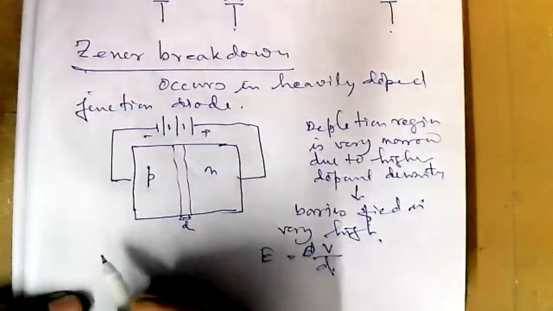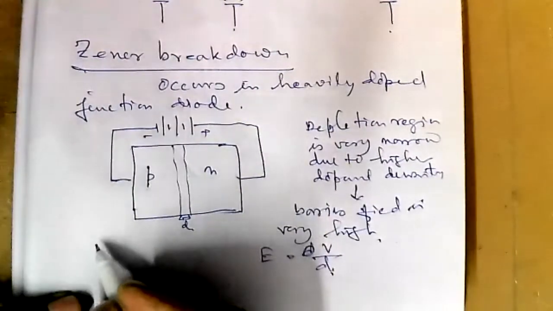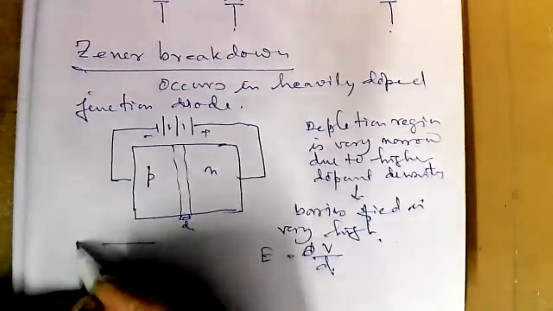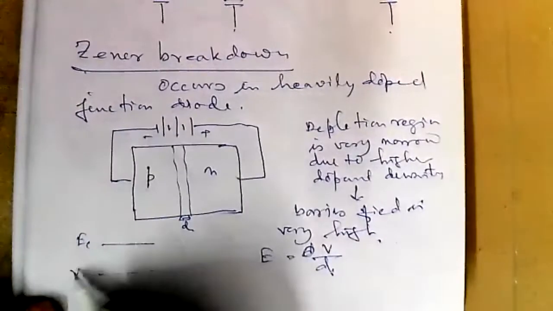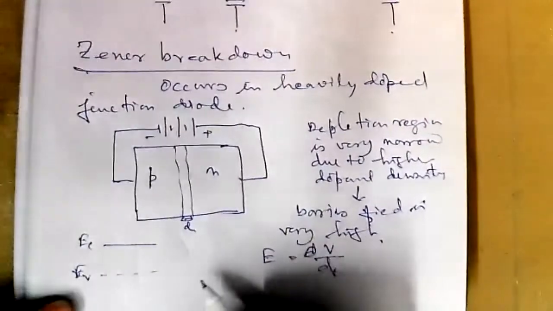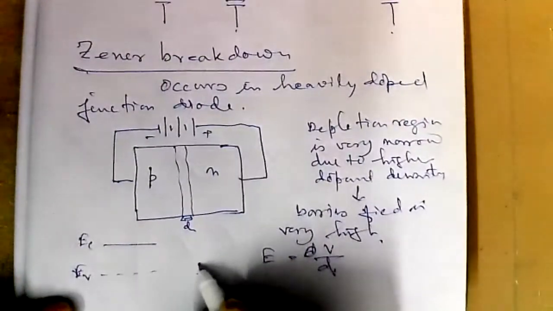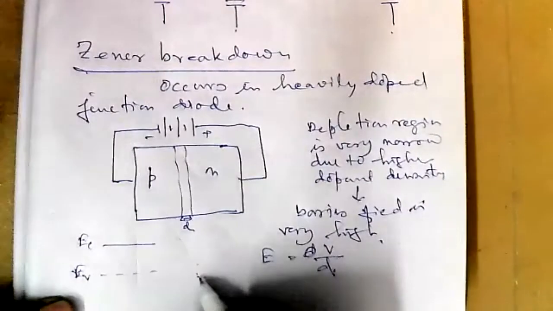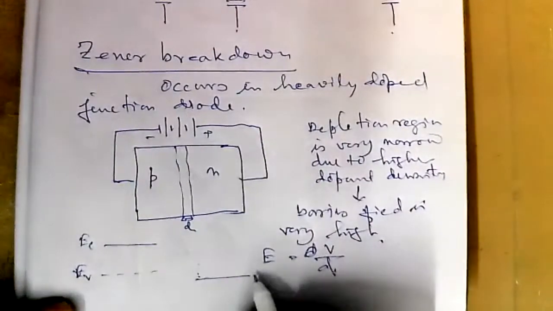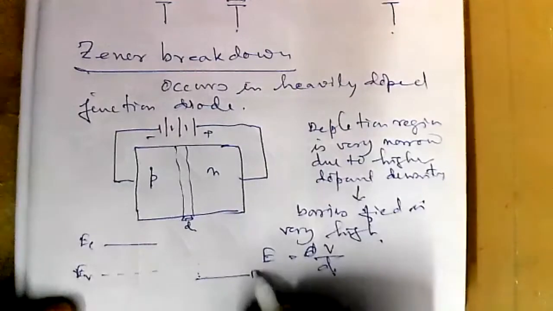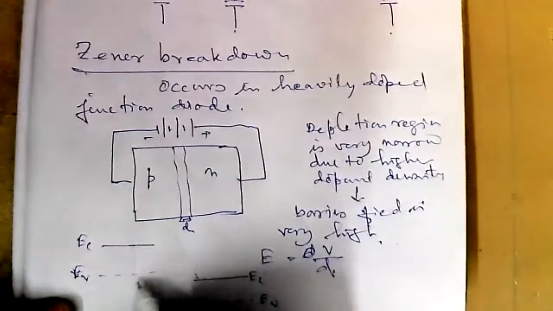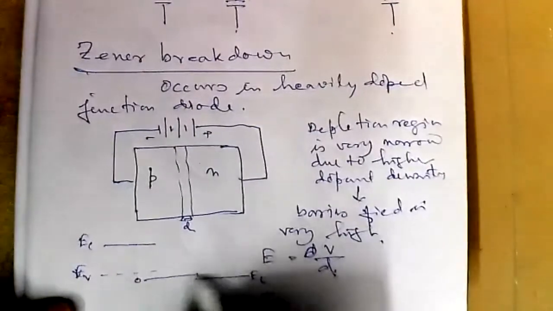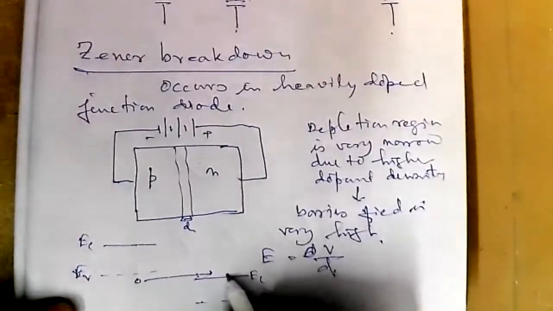So what is happening due to modification of the energy band? This is the conduction band, and this is the valence band. The electron from this side will go to the conduction band of the other side.